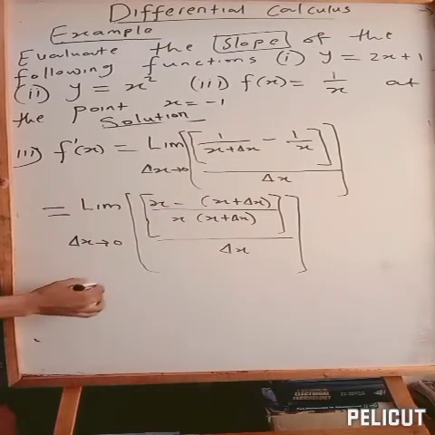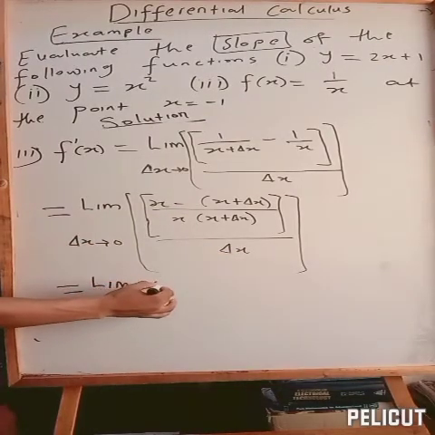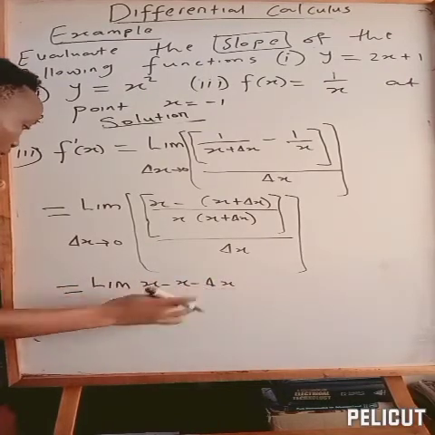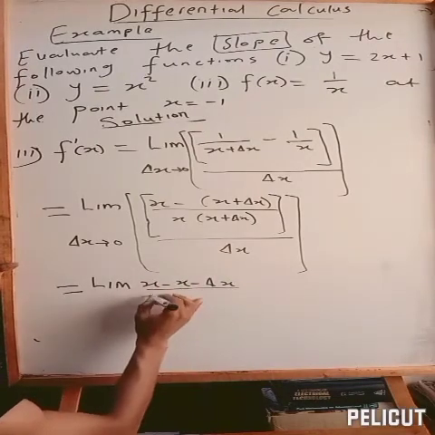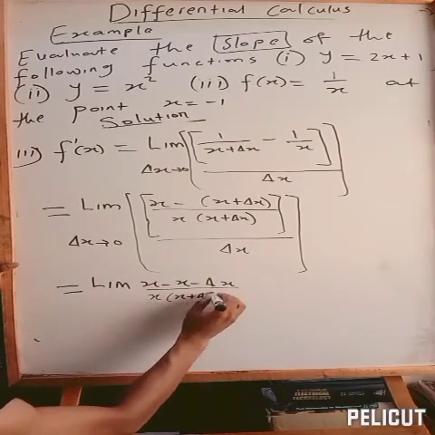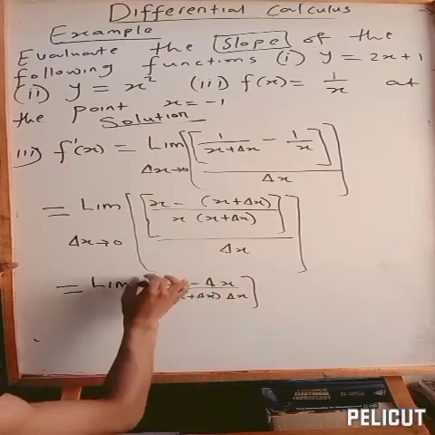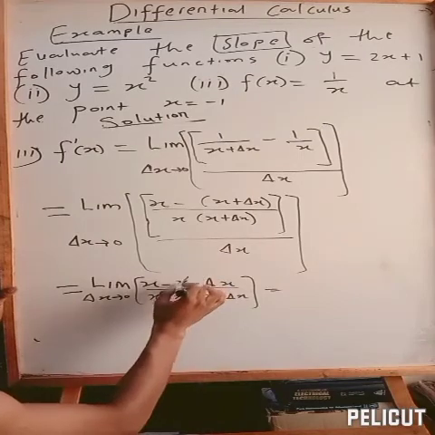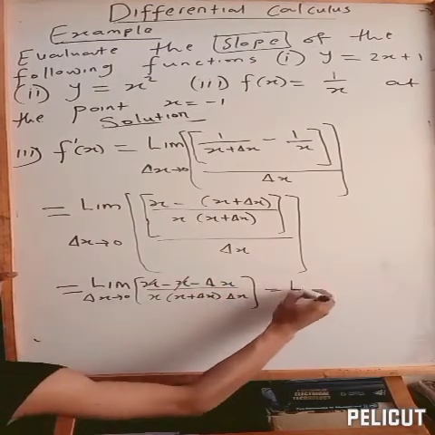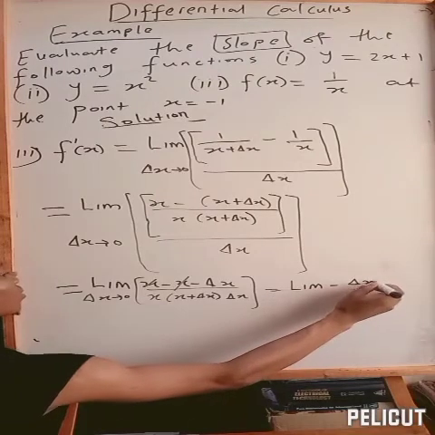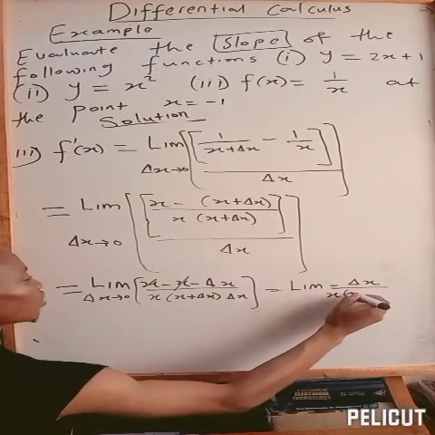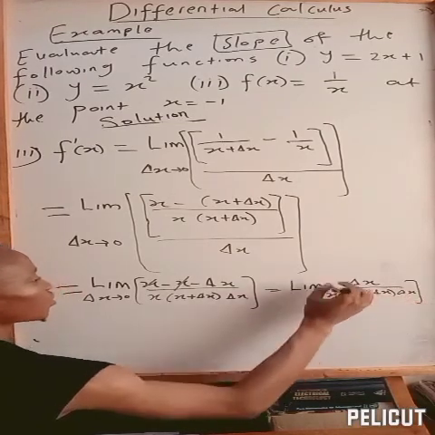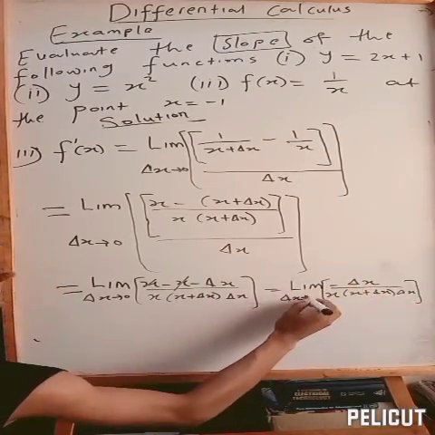So we are going to have the limit of minus Δx divided by x times (x plus Δx) as Δx tends to 0.